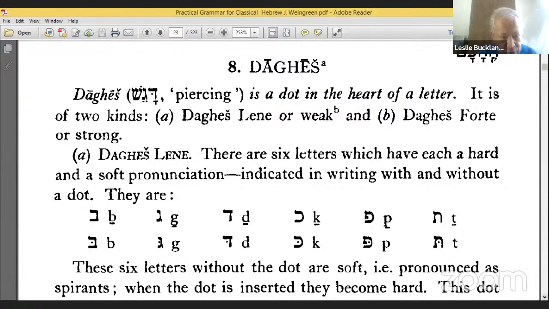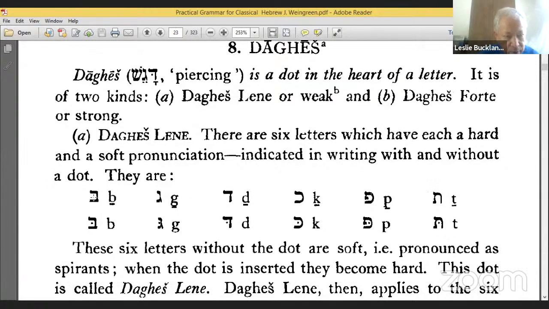And so these are the letters. You have Vaith, which is really a B. You have Gimel, near the beginning of this book.